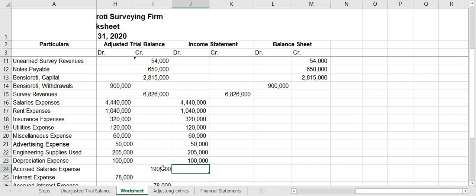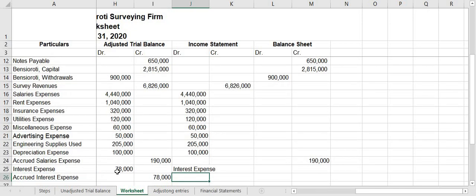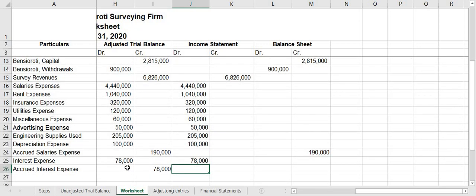Accrued salaries expense, of course, liabilities, balance sheet, credit. Interest expense, income statement, debit. And last, accrued interest expense, liability, balance sheet, credit.